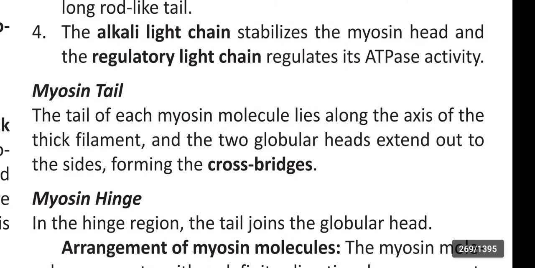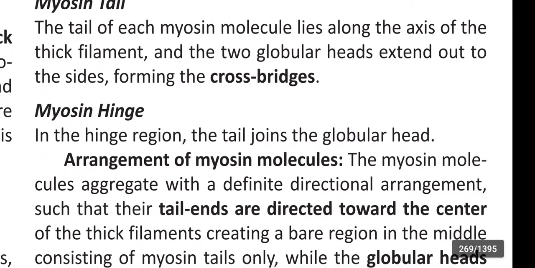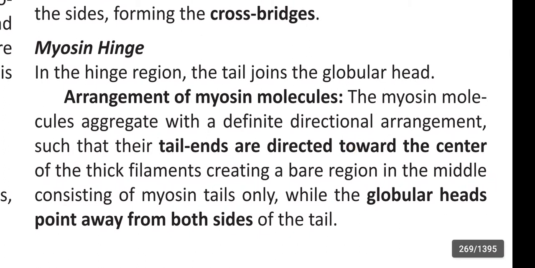Myosin tail. The tail of each myosin molecule lies along the axis of the thick filament, and the two globular heads extend out to the sides, forming the cross bridges. Next, myosin hinge. In the hinge region, the tail joins the globular head. Arrangement of myosin molecules.